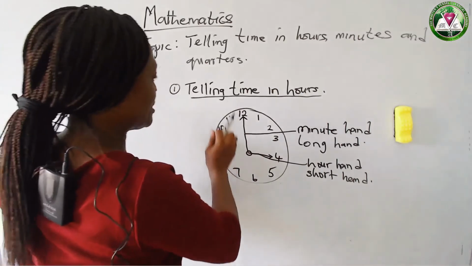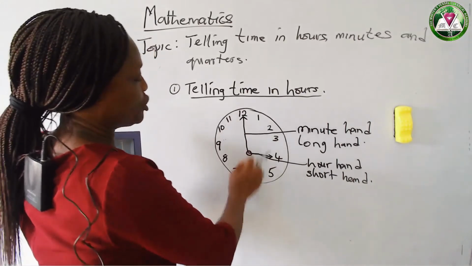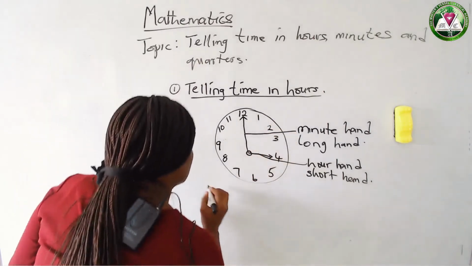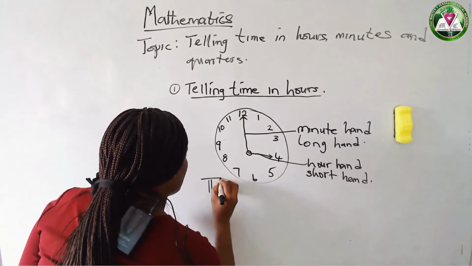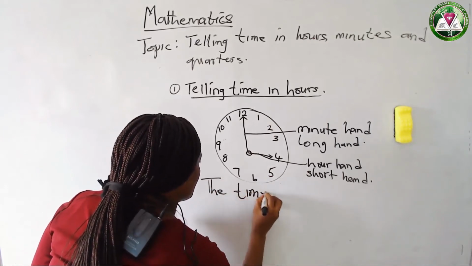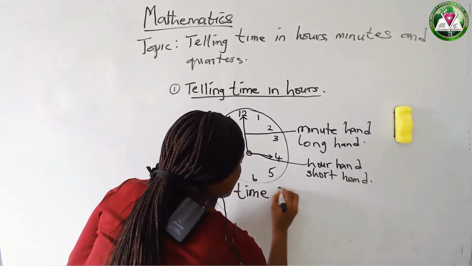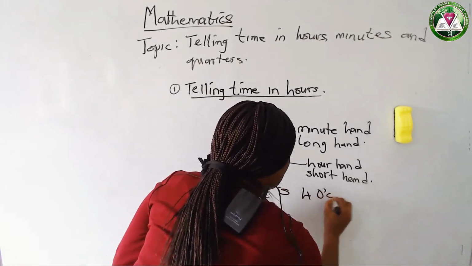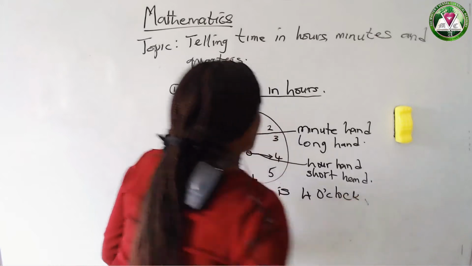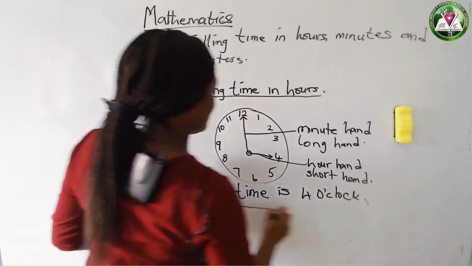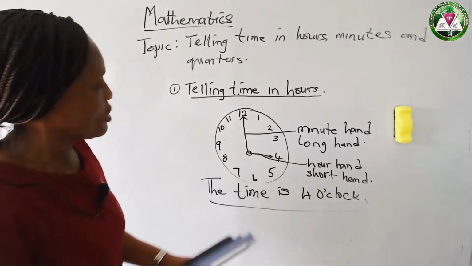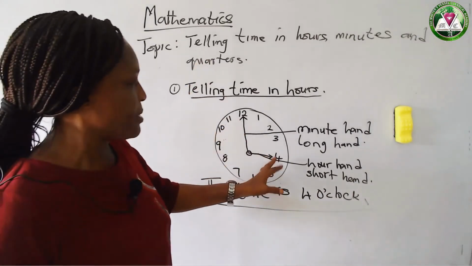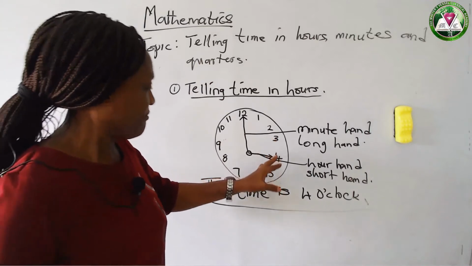The long hand is pointing at 12 and the short one is pointing at 4. So we can see that the time is 4 o'clock because the long hand is pointing at 12 and the short one is pointing at 4.